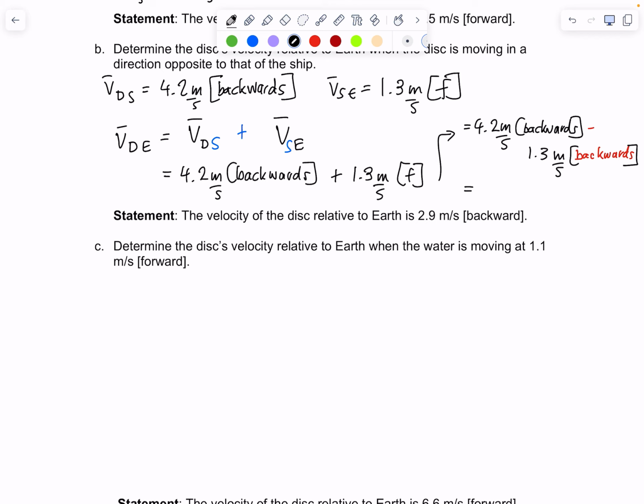If we simplify this, 4.2 minus 1.3, we get 2.9 meters per second backwards. Therefore, the velocity of the disk relative to the Earth is 2.9 meters per second backwards.